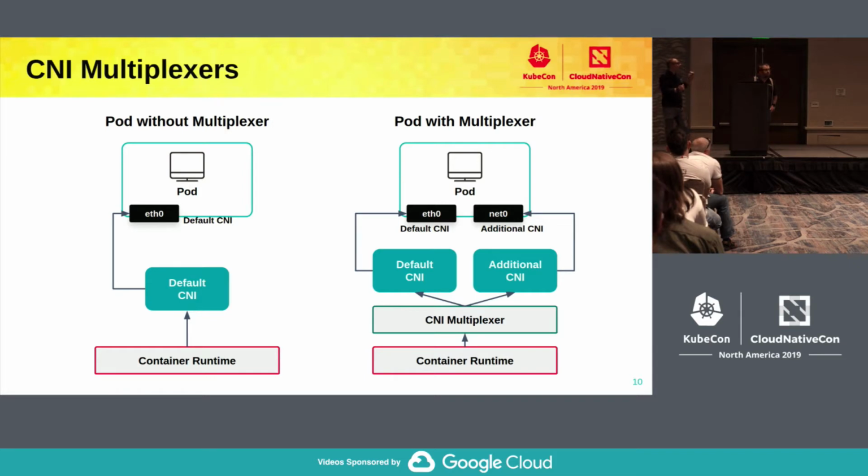Then it's going to call n number of additional CNI plugins in order to plumb additional interfaces. Or in the case of technologies that don't use a traditional Linux kernel type interface, it may perform other actions, like say it's for user space, like DPDK, et cetera. It may not present itself that way, but it can do whatever plumbing it needs to do.